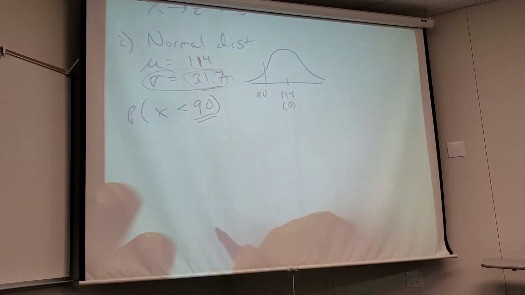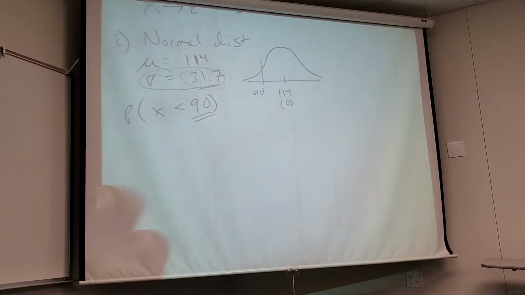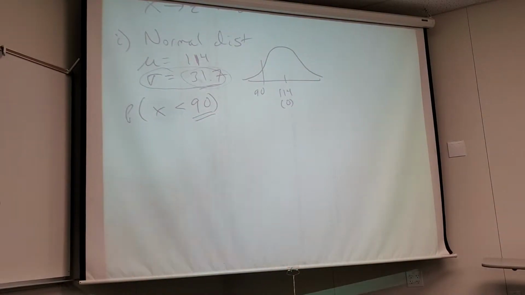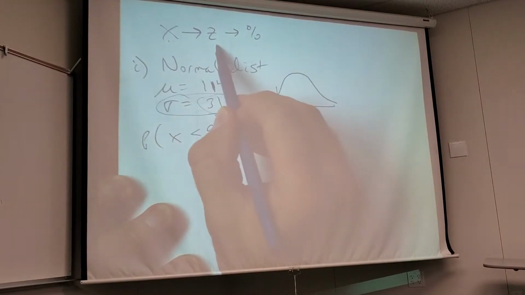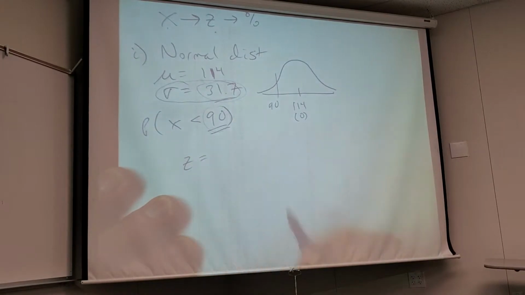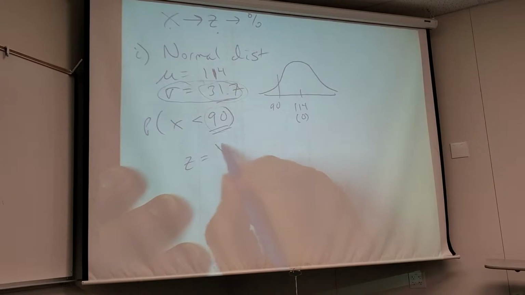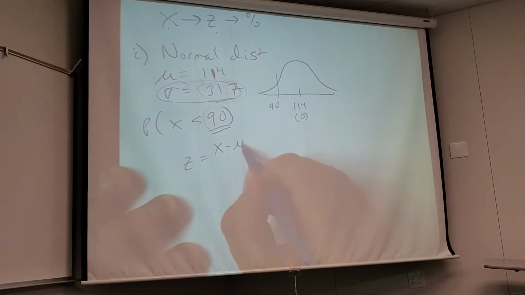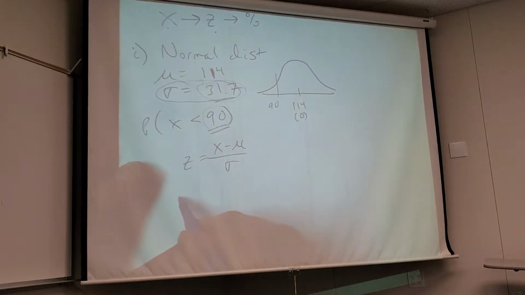So what's my next step before I can get this probability question answered? Z-score, I like it. So take that raw score, make it a z-score. How do I make this into a z-score? What's the formula? Yeah, take away the mean, divide by standard deviation, I like it.